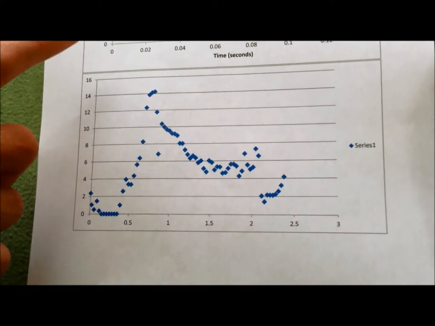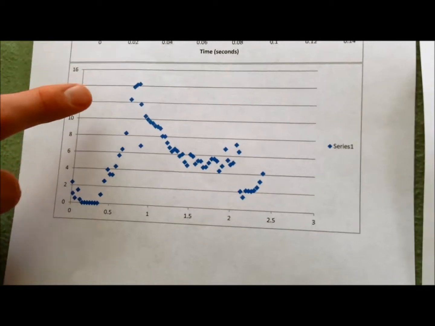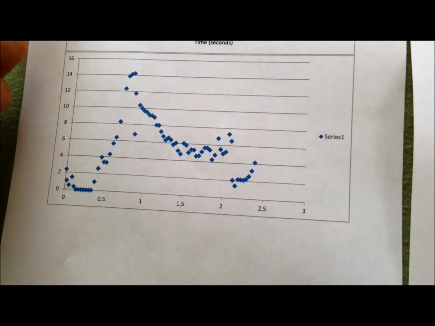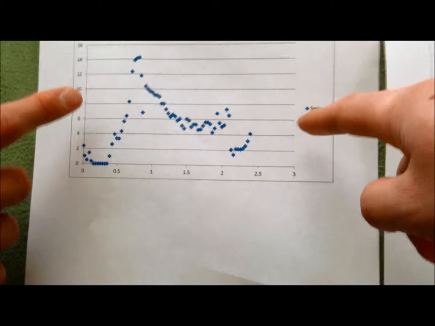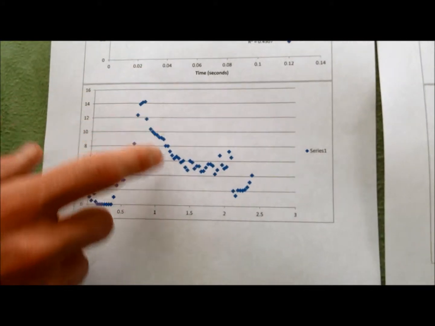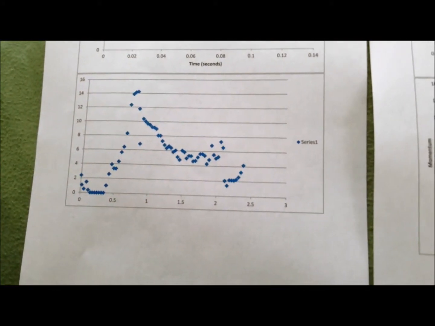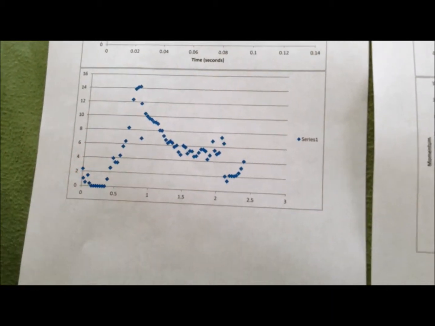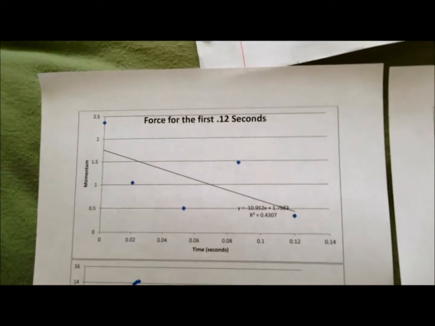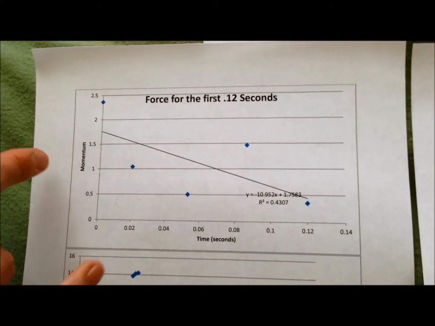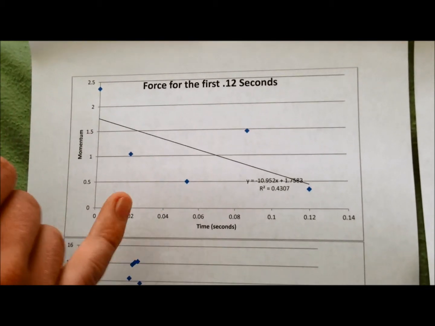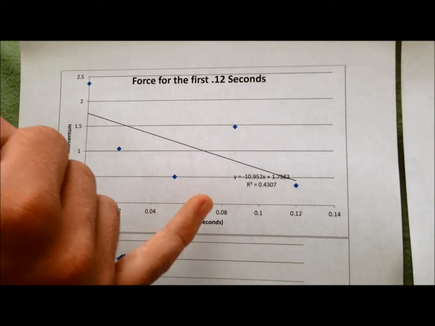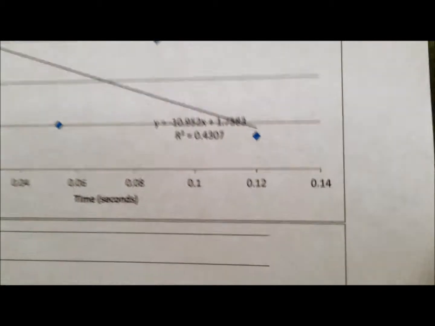So using that data to answer our essential question about force and momentum, we graphed momentum versus time, and there are 3 stages to this for our whole graph for the whole around 3 seconds. So we broke it up into 3 stages to analyze each individual one more completely. So for the first 0.12 seconds in this graph, momentum versus time, we found that the slope of that, or the force required, was around 10.952 newtons.